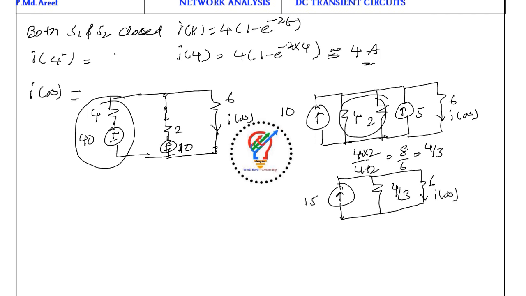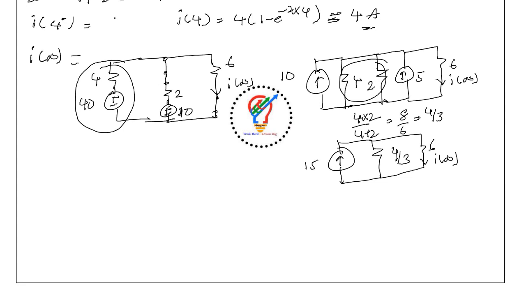By using the current division rule, I of infinity is equal to 15 into the opposite resistance 4 by 3 divided by 6 plus 4 by 3. If you solve this, you will get 2.727 amps. That's how we got I of infinity.